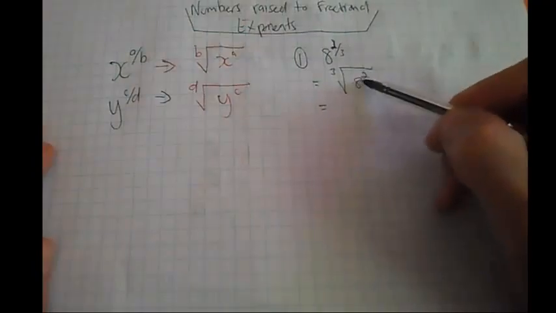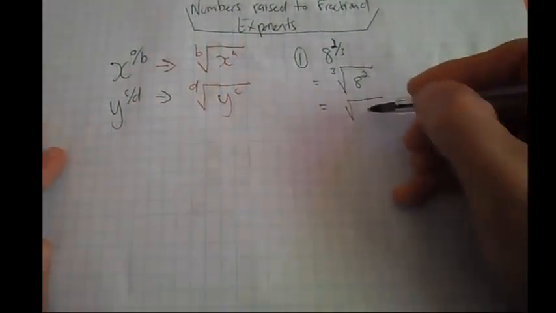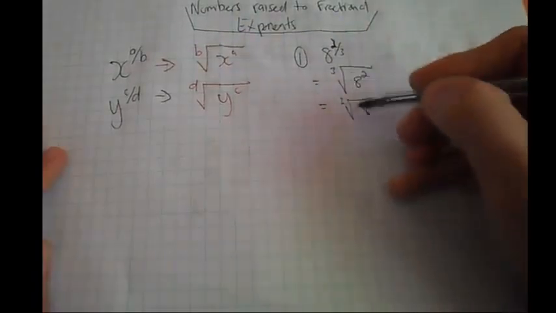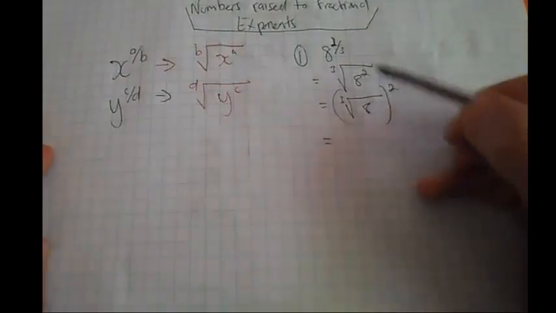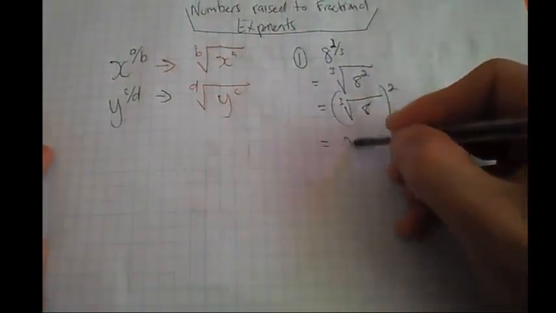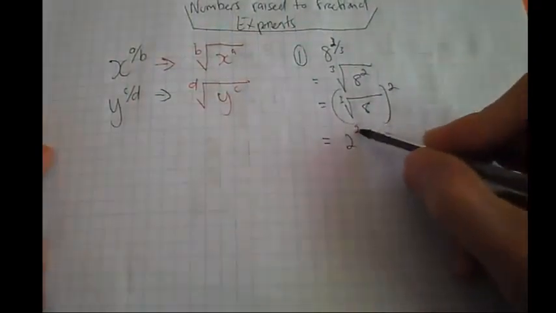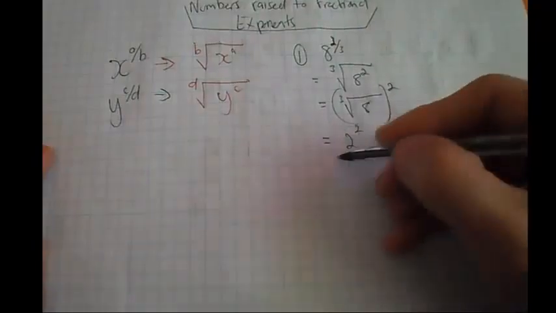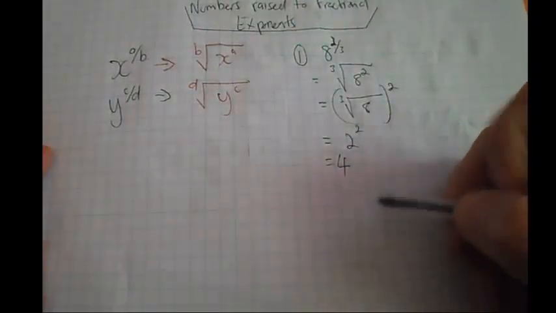And when you simplify this further, you can say the third root of 8 to the power of 2, and then the third root of 8 will be 2, and then you bring your exponent back, so the answer will be 2 squared, and if you simplify this, it will be 4.